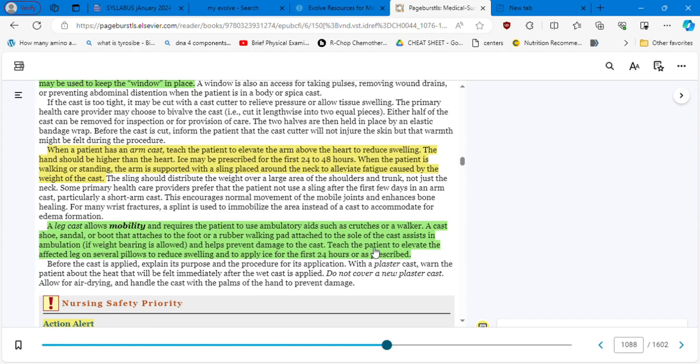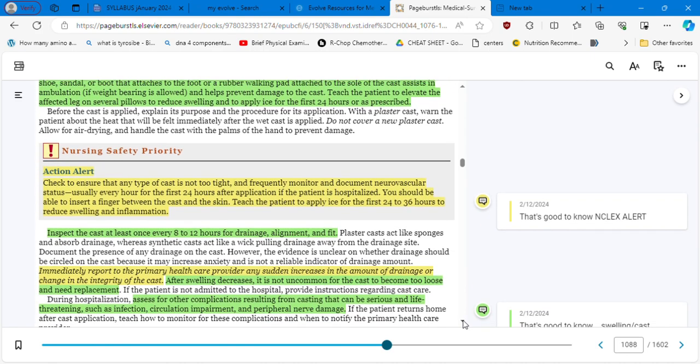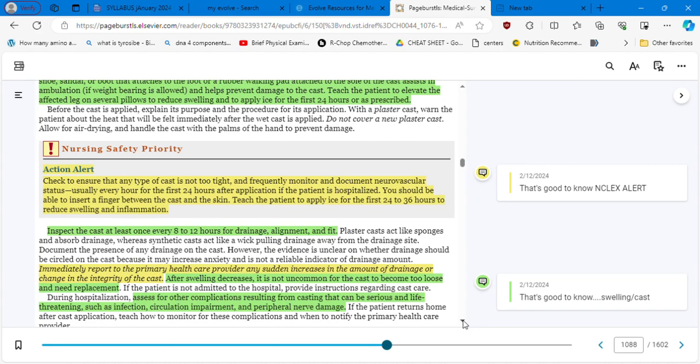So the nursing intervention is to teach the patient to elevate the affected leg on several pillows to reduce swelling and to apply ice for the first 24 hours or as prescribed. So this is another nursing safety priority.